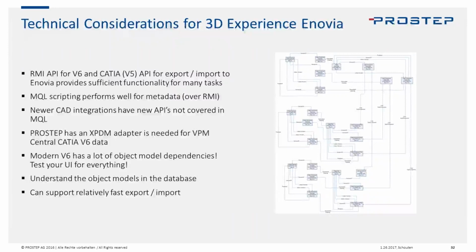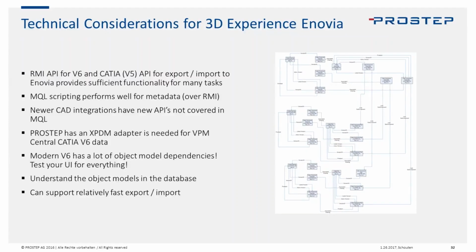For 3D Experience, Innovia, we use the RMI API for V6 and CATIA V5 for import-exports, so that's sufficient. MQL scripting and Tickle scripting could also be done over RMI for better control. You need to watch out for newer CAD integrations.